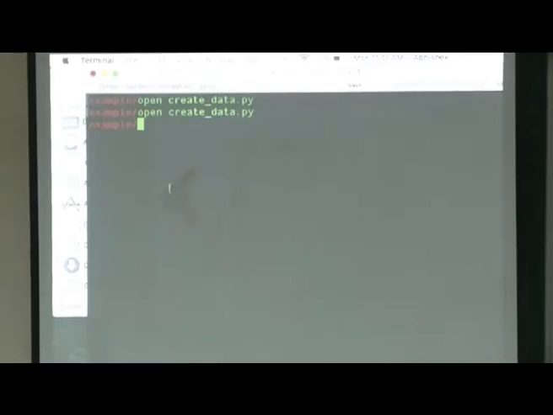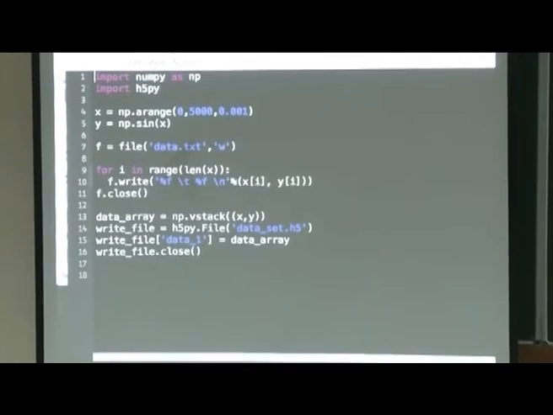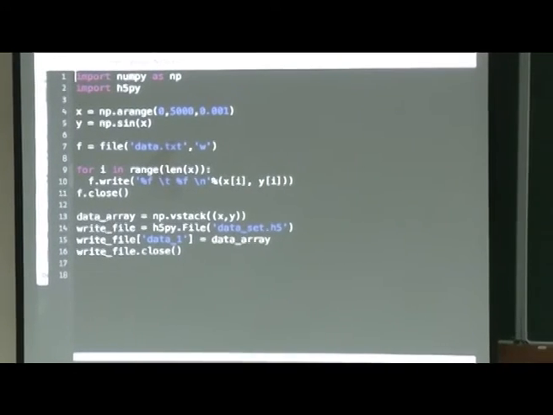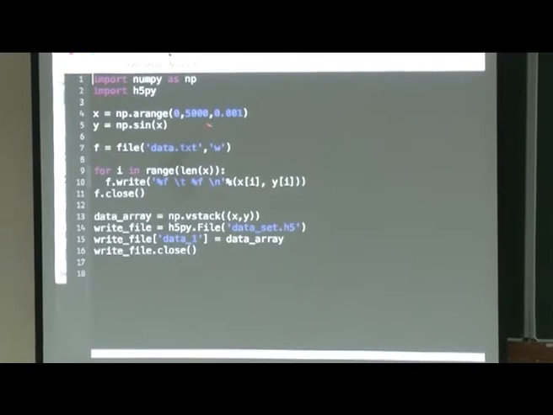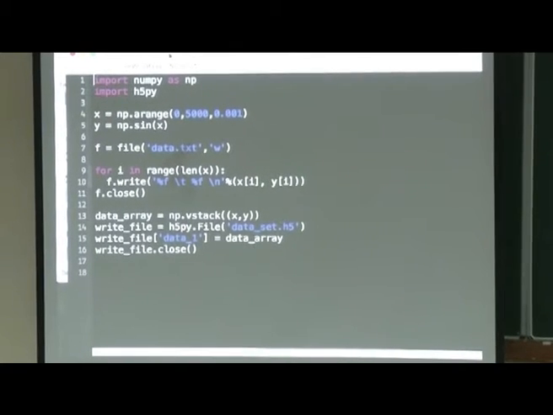I have written one code to create data. This is a code where I import the library NumPy, then another library h5py, and I write x from 0 to 5000 with step 0.001, and y is just sin x.